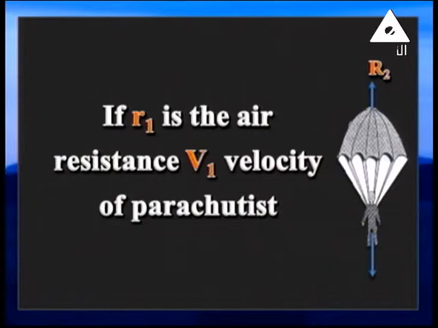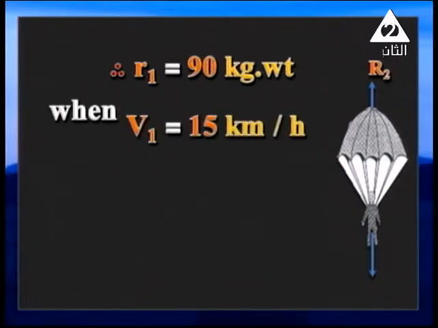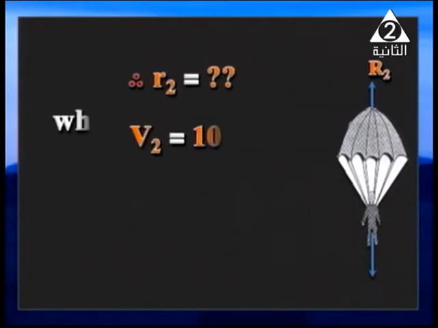Therefore, R1 from the given is 90 kilogram weight, V1 is 15 kilometer per hour. R2 is the air resistance when the velocity of the parachute is V2. R2 is unknown, V2 is 10 kilometer per hour.